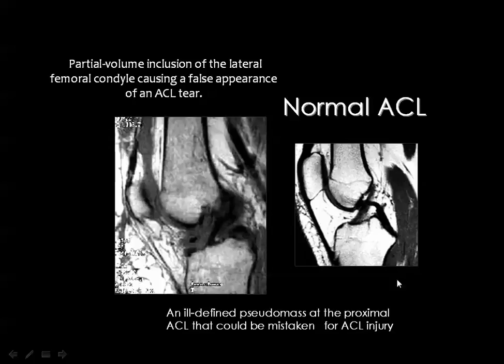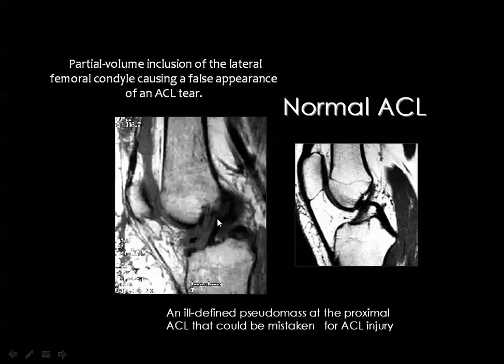If you have selected the right angle of scanning, then you will see the anterior cruciate ligament like this. But sometimes you can see it like this, especially with the femoral attachment appearing bulky, but the ligament is black, maintaining its normal signal, and is stretched. This is partial volume averaging.